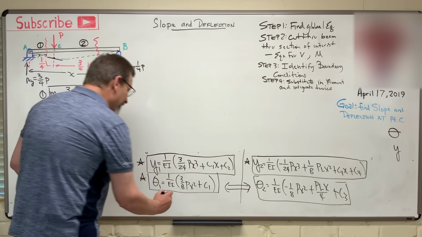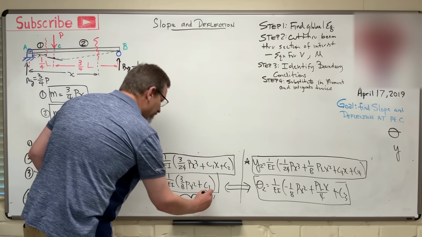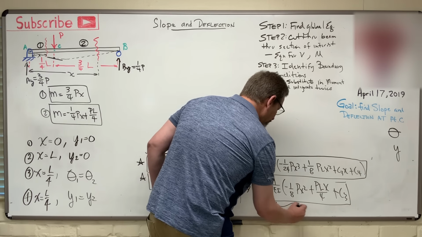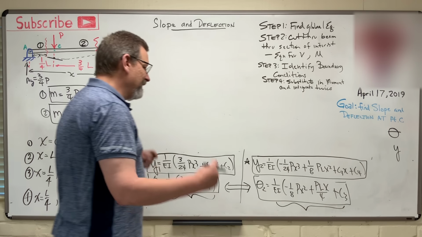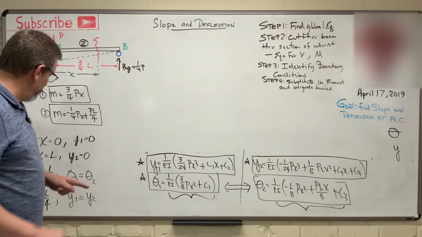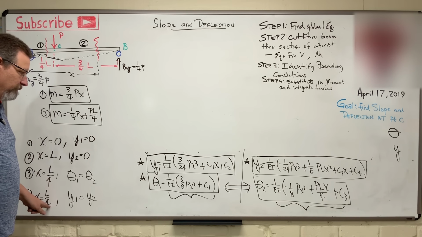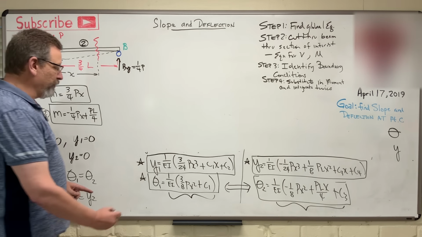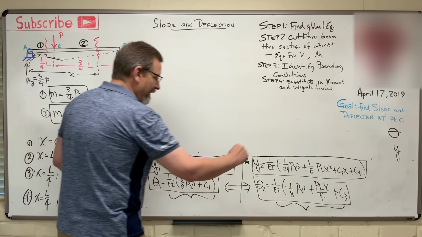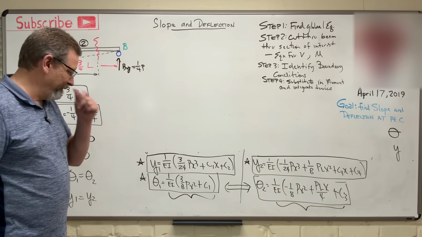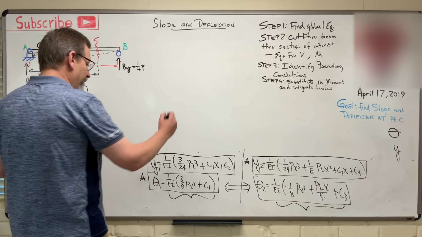Well, they didn't tell us that, we came up with that. So we could set this side of this equation and that side of that equation equal to each other if, for x, we plug in L over 4. If we set them equal, 1 over EI just divides away. So what are we going to be left with?